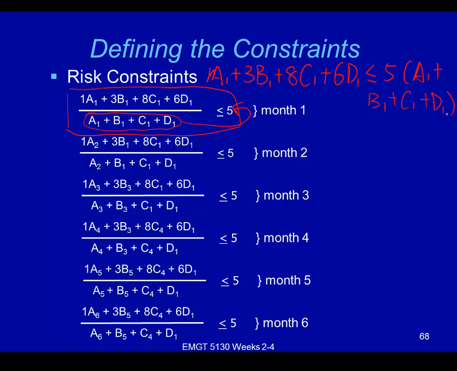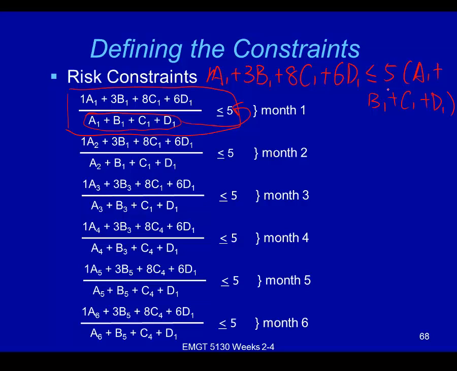In this way, we make this constraint a linear combination of our decision variables. And then we can either implement this in Excel in this way, or we can further simplify it.